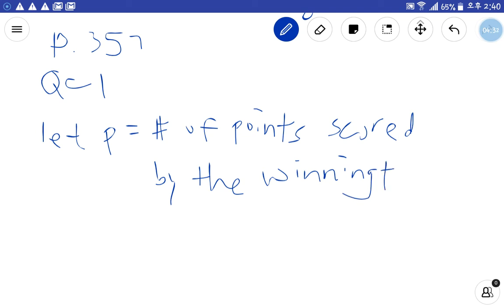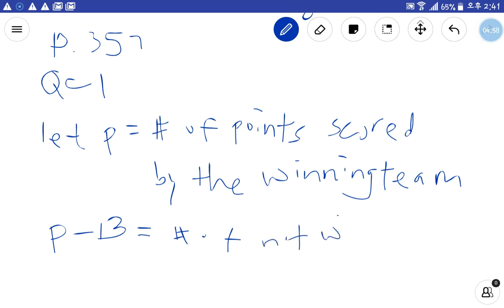Okay, so then the defeated team would be what? 13 points fewer. So the team who is losing, they're going to do p minus 13. That is the expression for the number of points scored by the not winning team, which is the losing team.